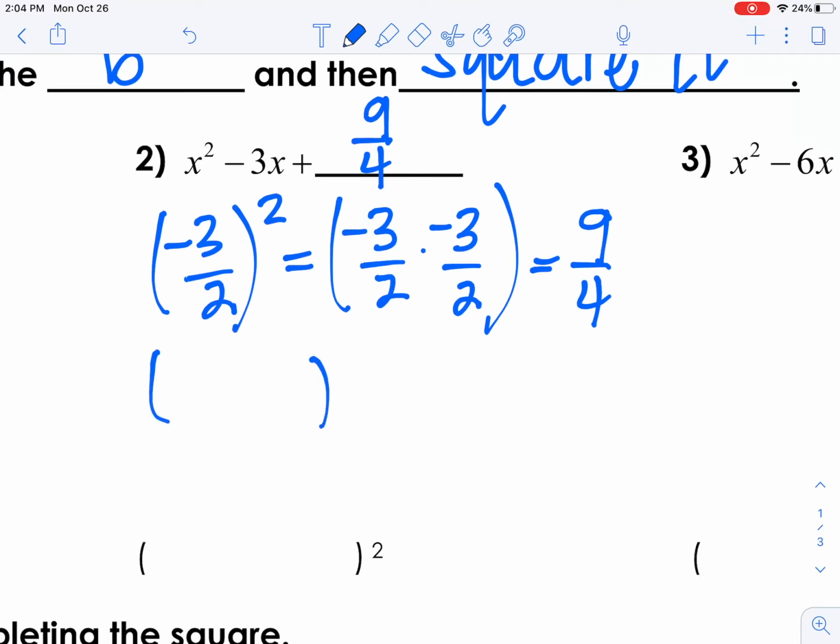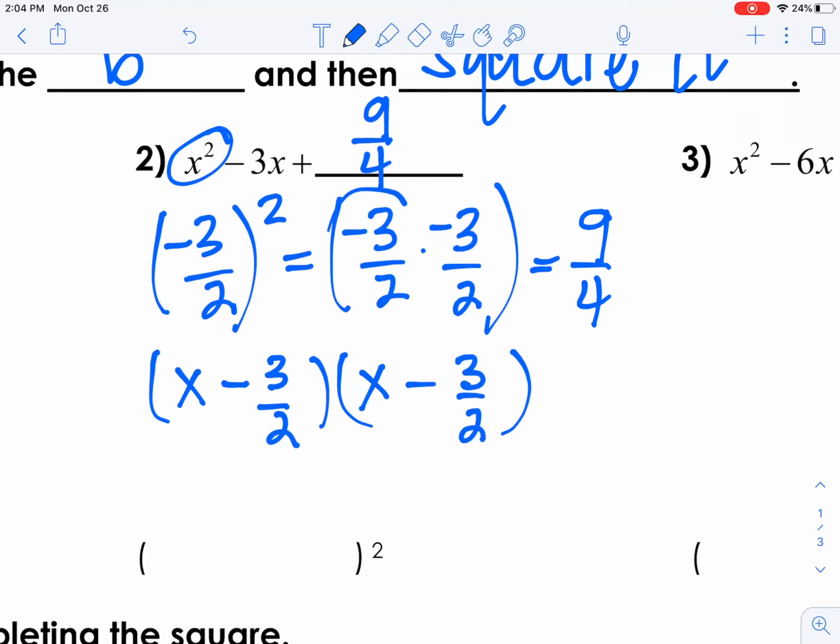So now to get that, we have x and x squared. And to get 9 over 4, we do 3 over 2 and 3 over 2. We just figure out what is the number inside the parentheses. 3 over 2 times 3 over 2 will get us the positive 9/4, and negative 3 halves minus another 3 halves gets us this negative 3x. So this would be x minus 3 halves.